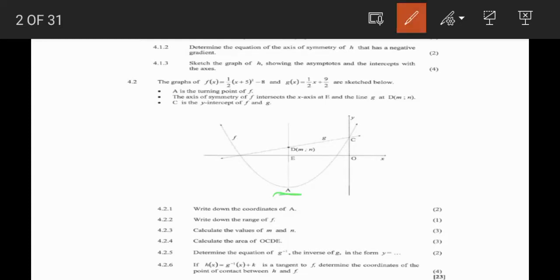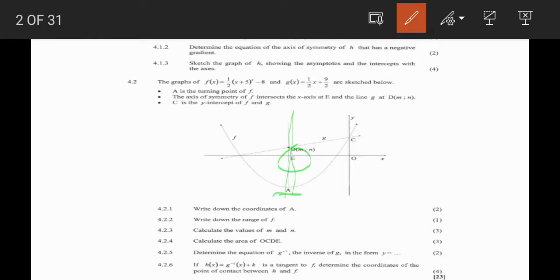Then point number 2, it says the axis of symmetry of f intersects the x-axis at E, right? So it intersects with the x-axis at what? At E. So where's the axis of symmetry? The axis of symmetry of f. So it intersects where? At E. We can see that it intersects with the x-axis at E, meaning that our E is now an x-intercept.